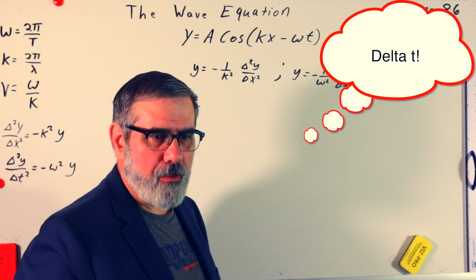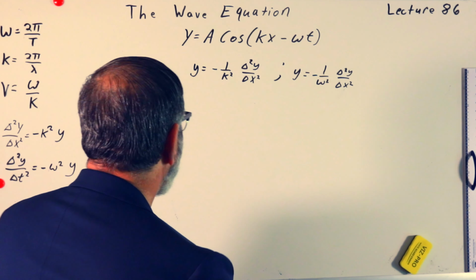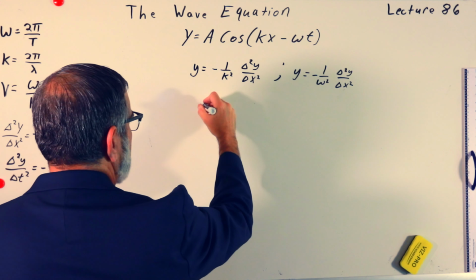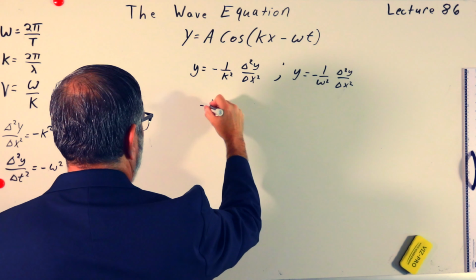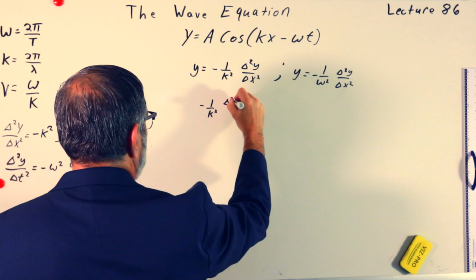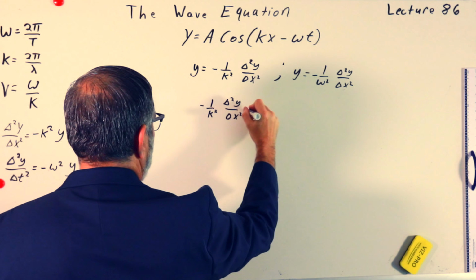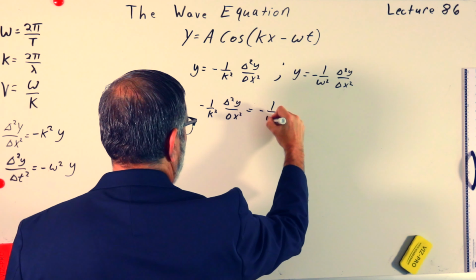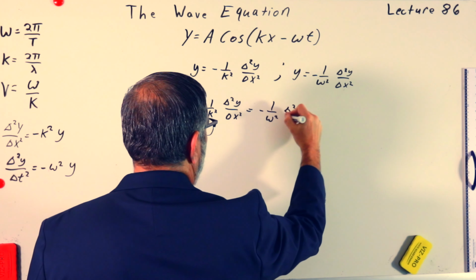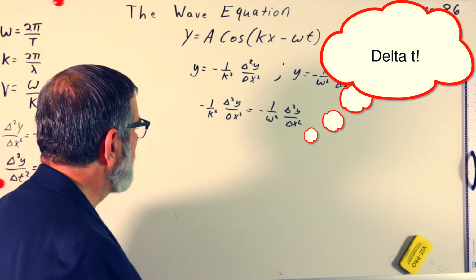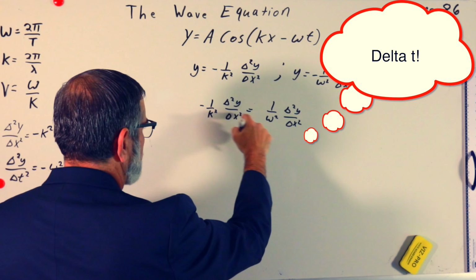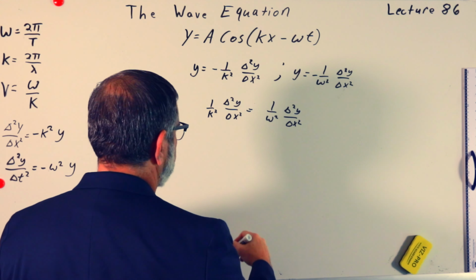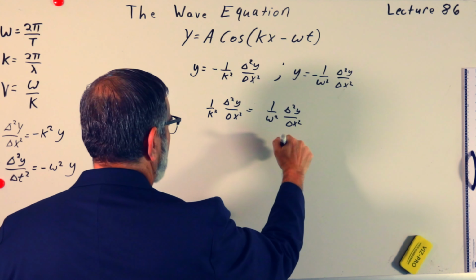Since these are equal to the same thing, they're equal to each other, right? And so what I end up getting is this, minus 1 over k squared delta 2y over delta x squared equals minus 1 over omega squared delta 2y over delta t squared. Yes? The minus signs will go away. They multiply out, right? I like to write, sorry, this is t.